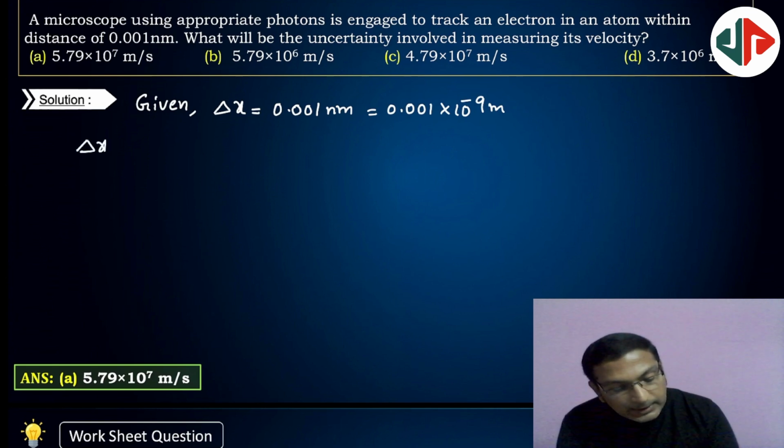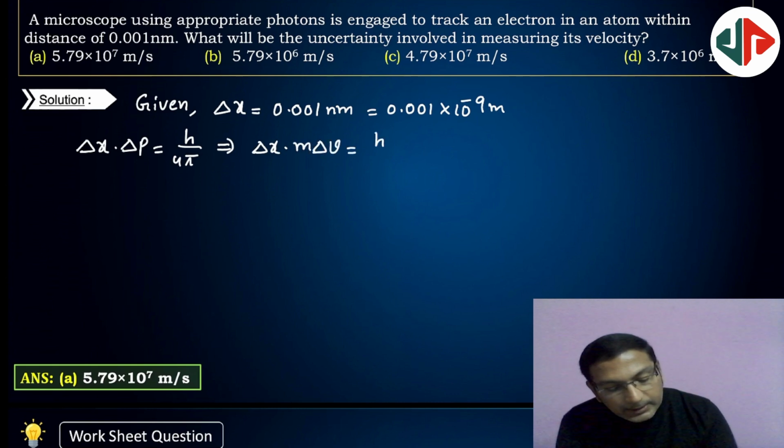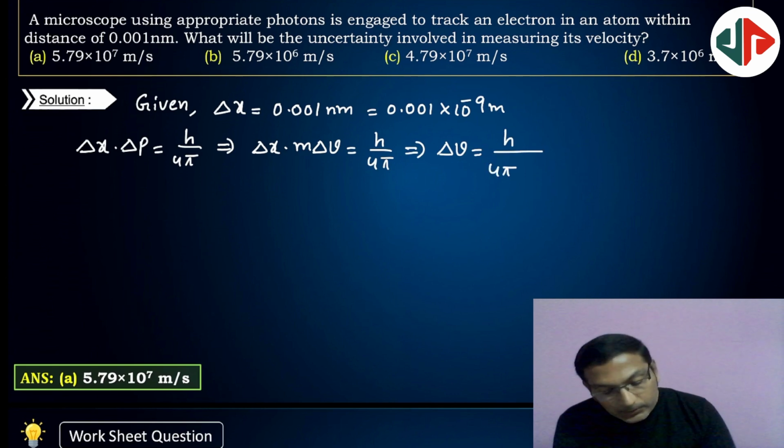So we know delta x into delta p equal to h by 4 pi, or delta x into m delta v equal to h by 4 pi, or delta v equal to h by 4 pi m delta x.